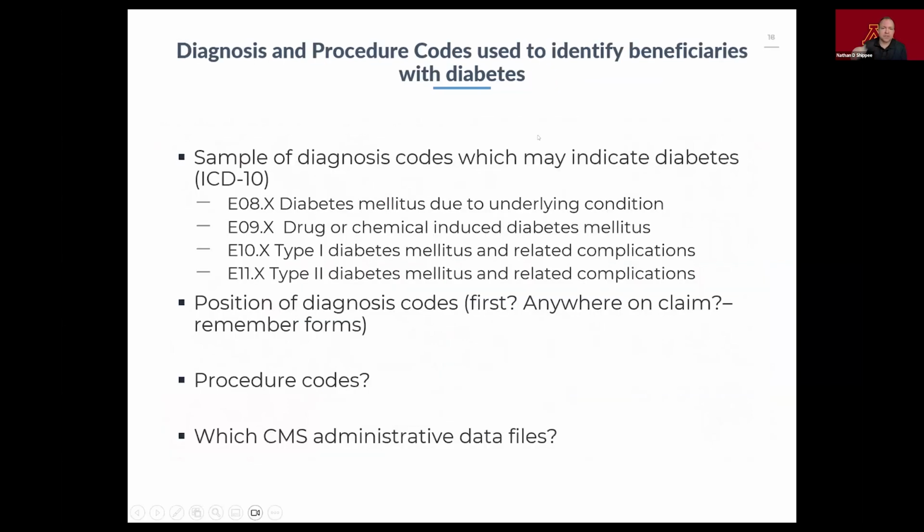using these diagnosis and procedure codes, how might we approach this? We have a sample of diagnosis codes here, but there are a number of them. Now I'm still probably stuck in ICD-9 world. I probably remember more of the codes there for certain things than I do in ICD-10, so the list in my head is probably very old-fashioned.